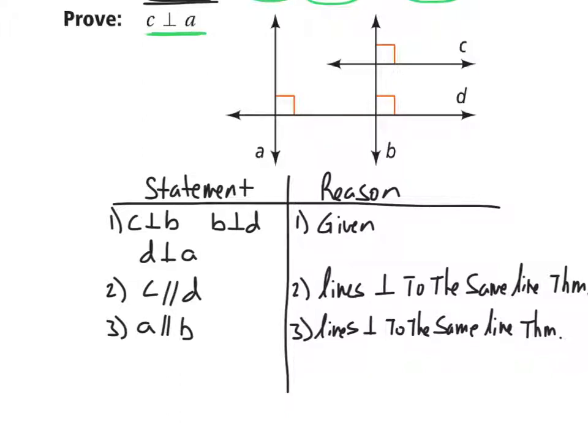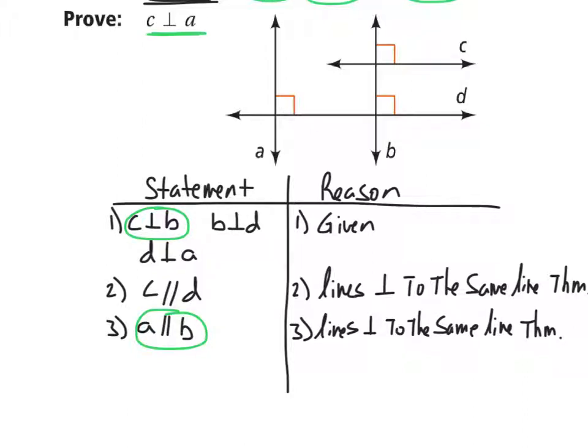So we know that C is perpendicular to B. We know that A is parallel to B. Ooh, wait a minute. Does that help us here? Look back at your theorems. Perpendicular transversal theorem says what? Can you remind me of that?